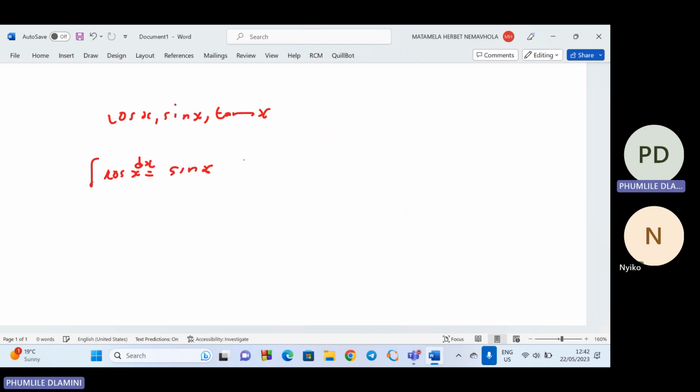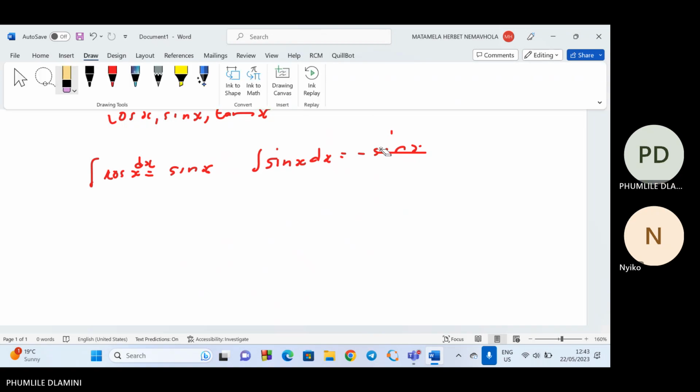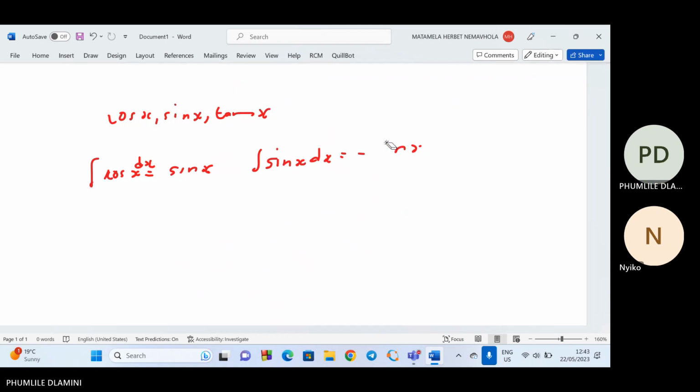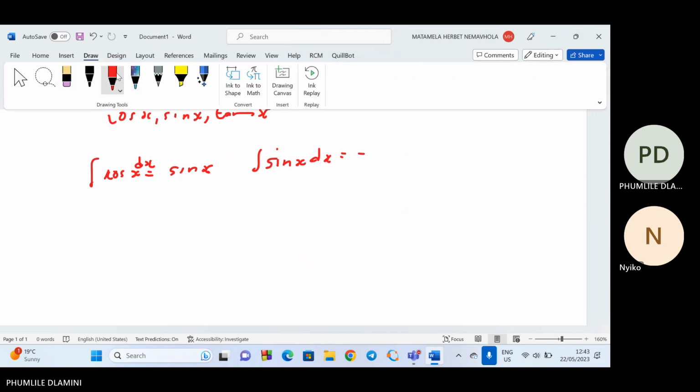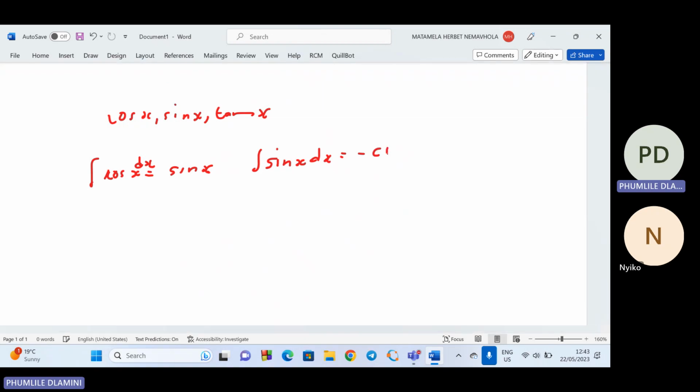And the integral of sin x dx equals negative sin x, negative cos, sorry, not sin, negative cos of x.